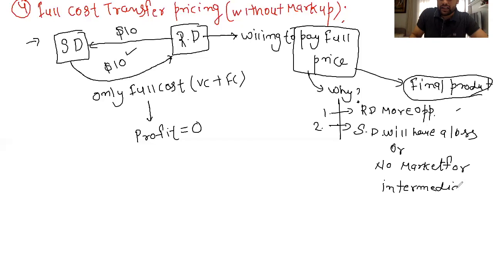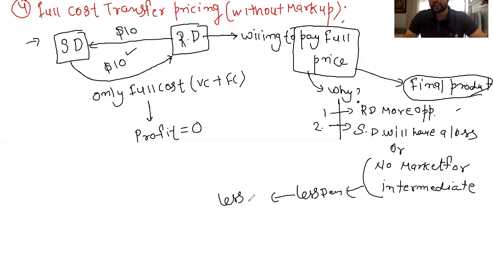If there is no market for the intermediate product, no market means less demand. Less demand means demand decreases.